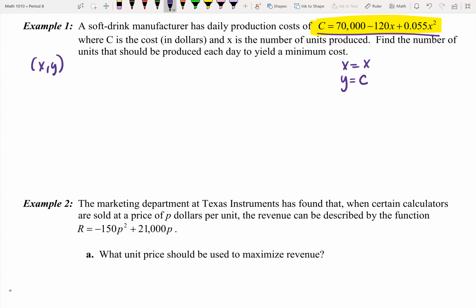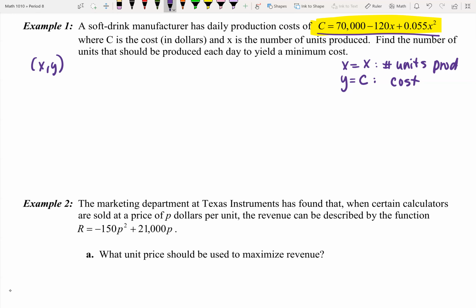And then you read the words, and it says X is the number of units produced, and C is the cost. So now I know if I'm looking for X, then I'm looking for units, and if I'm trying to find Y, then I'm trying to find cost. There's a word in this sentence that really stands out and tells you what to do.